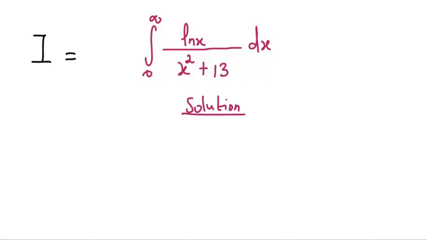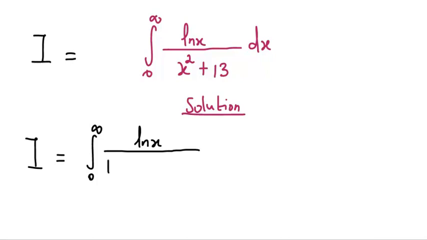Now, this is what we're going to do. I is the same as the integral from 0 to infinity of the natural log of x divided by, at the denominator here, let's factor out 13. So when you factor out 13, we have x squared divided by 13, plus 1, dx.